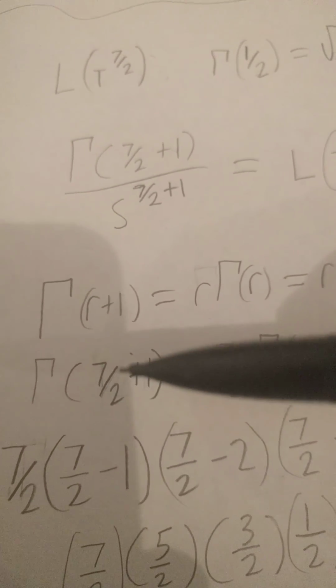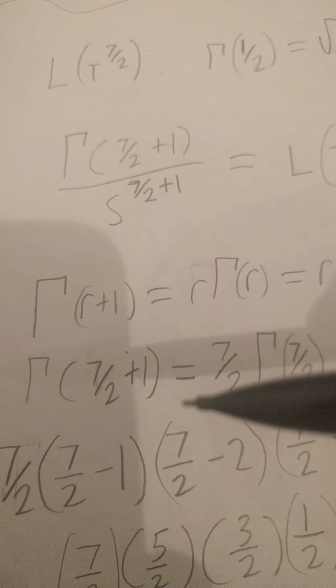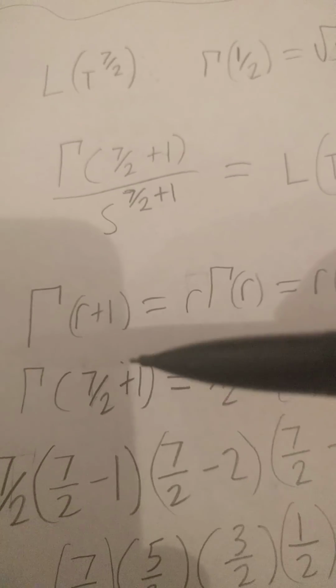So for our example, we're going for the gamma function of 7 over 2 plus 1. Well, if you subtract 1 from this inside term, you can then write it like this. So it's 7 over 2 times the gamma of 7 over 2, because we just subtracted 1 here. It's the same as what's going on up here, but with our variables plugged in.